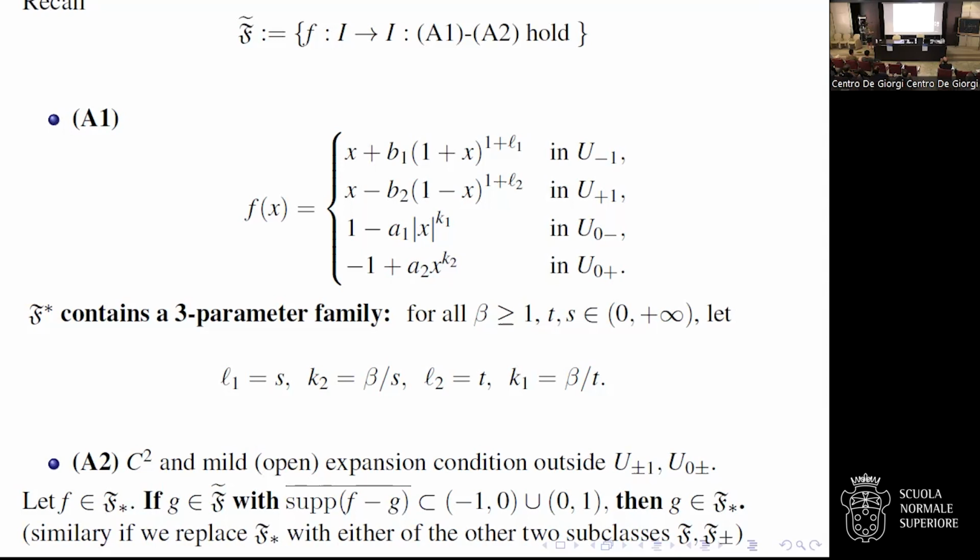As long as it's still in the family, then automatically this is also in F star, with no physical measure. This defines a class of perturbations that guarantee you're still without physical measure. It's a way of saying that this absence of physical measures is persistent. If you assume the difference is very small, you don't even need to assume a priori that you take a map in F star.